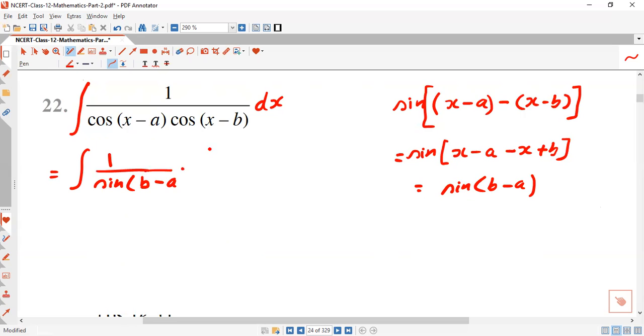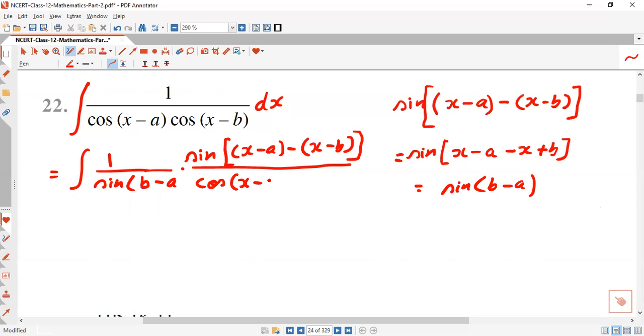into sin((x minus a) minus (x minus b)) divided by cos(x minus a) cos(x minus b). See, in these questions, I just put in these two values.